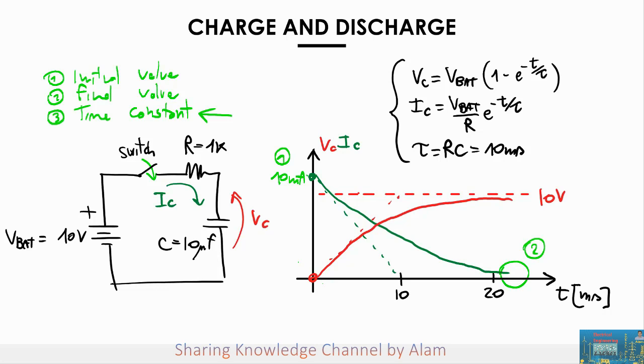For example, an exponential that works with the initial value and the final value could also look like this, or it could also look like this. So you could have a faster version or a slower version of the same exponential, and all of them will start at 10 milliamp and will trend towards 0 milliamp. So it's really important to know the speed of the exponential in order to draw the correct one, because there's really only one exponential that is the correct one.